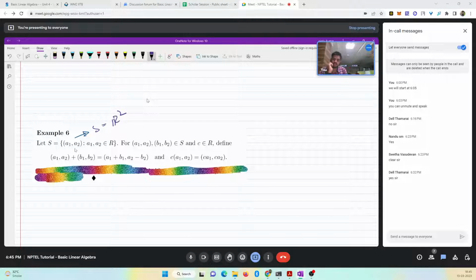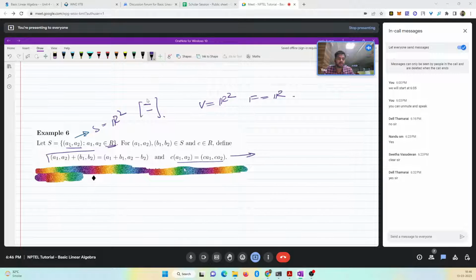S is of the form A1 comma A2, so this is something like R2 only. So we have two elements, and our V space is R2. Then we look at the next thing, that is our F space. F is your R.